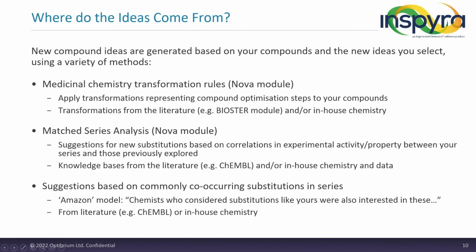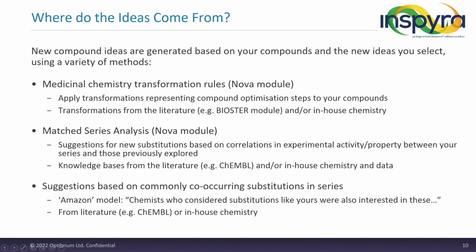And the final method is based on a baseline of commonly co-occurring substitutions in chemical series. It's sort of like the Amazon model. Chemists who have considered substitutions like yours have also been interested in these. And if you haven't already explored it, they might be relevant for you to consider in the context of your chemical series and your projects.